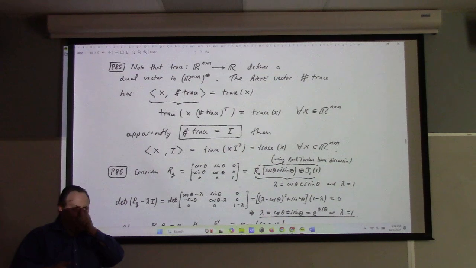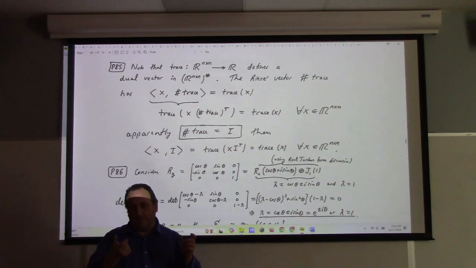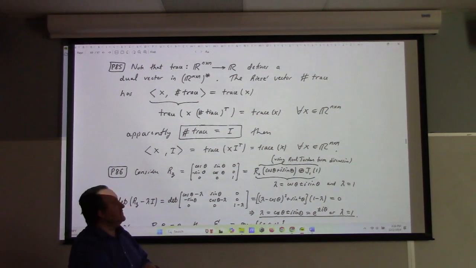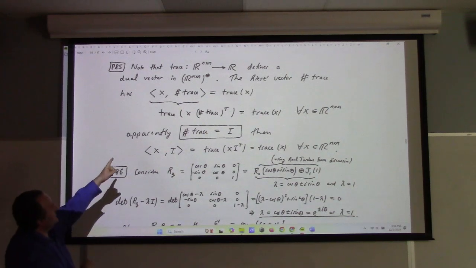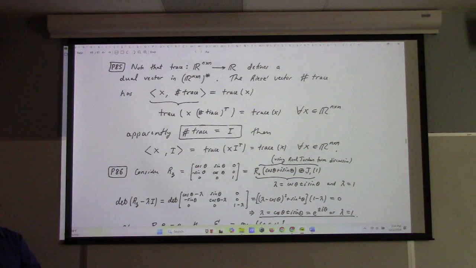But technically, it's the y that you need. The Riesz vector for alpha is the vector y such that alpha of x is equal to the inner product of x with y. So that's also what the sharp is. The sharp is the Riesz vector. The musical morphism and the Riesz vector are the same thing.